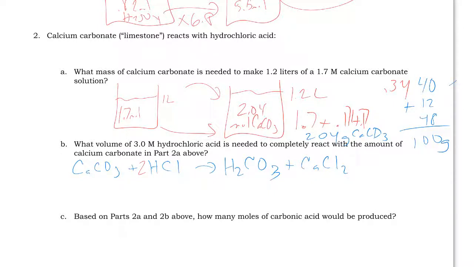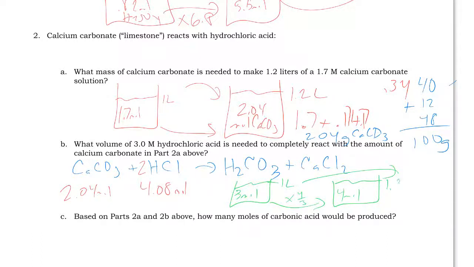I think that's it. So we know that this was 2.04 moles, which means this is going to be 4.08 moles. And if we've got 3 molar, that means there's 3 moles in 1 liter. We've got about 4 moles, which means we're going to multiply by 4 over 3, which means we need about 1.33 liters.